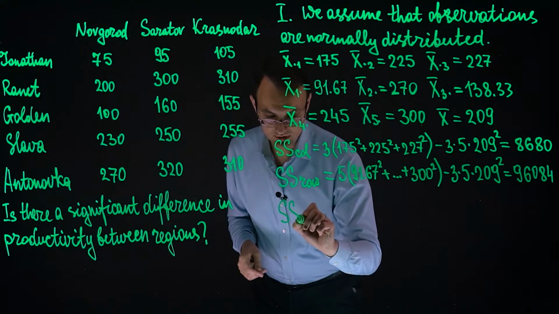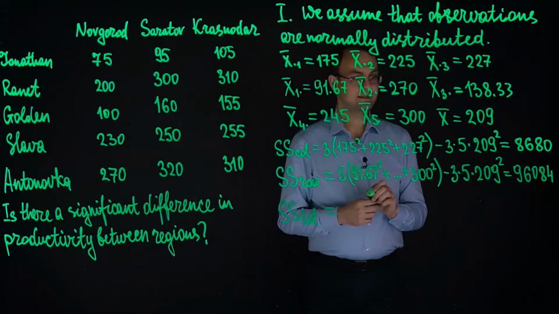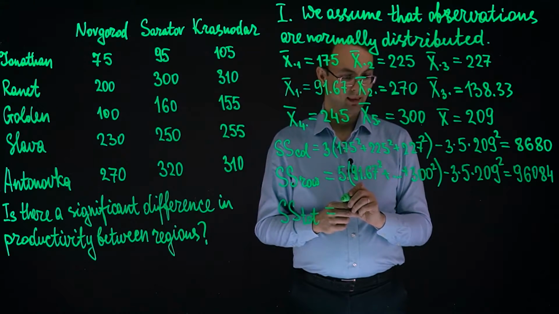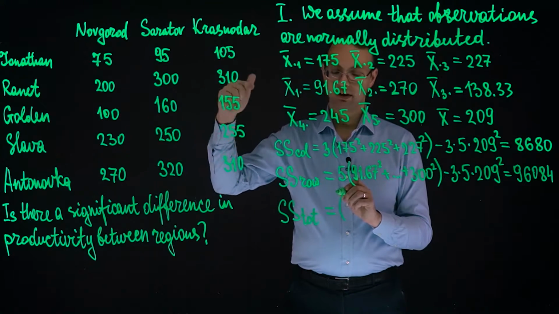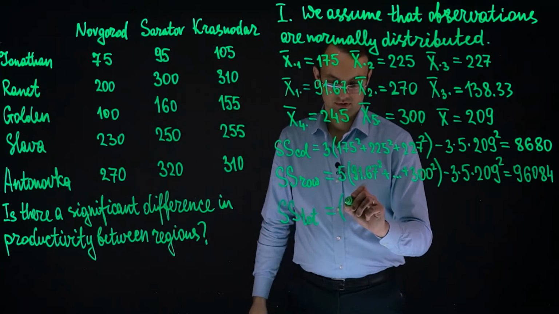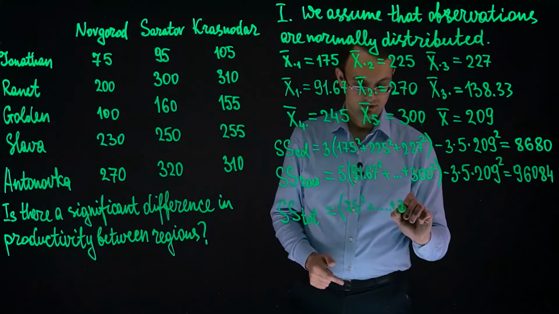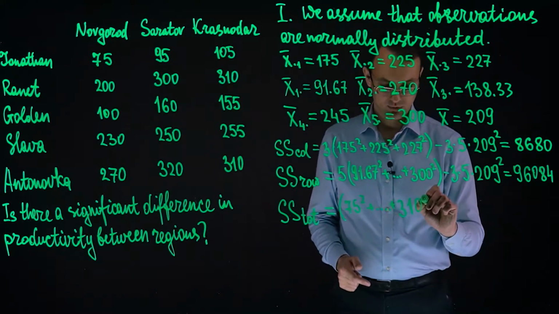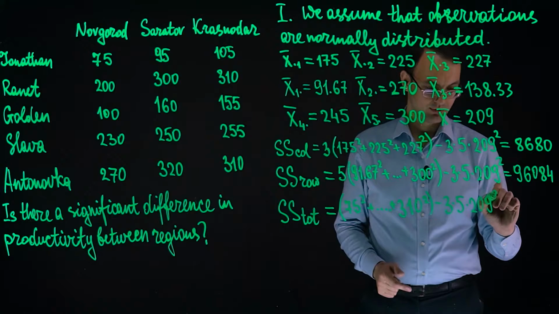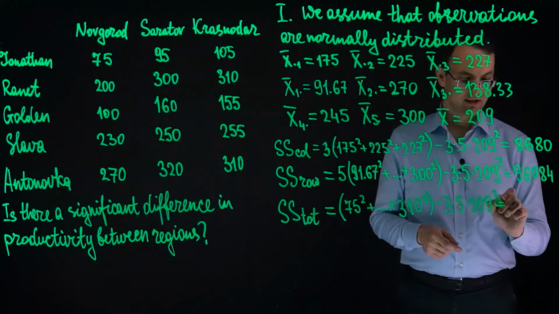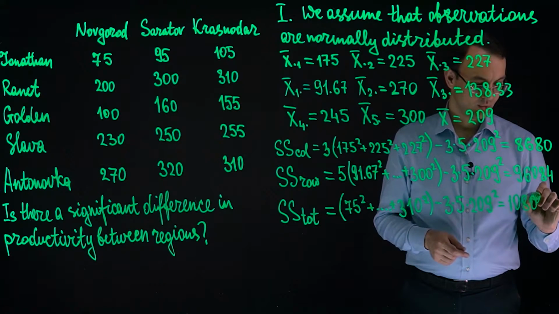So then SS total, the total sum of squares, is the sum of squared observations, from 75 squared up to the last one, 310 squared, minus 3 times 5 times 209 squared, and it is equal to 108010.